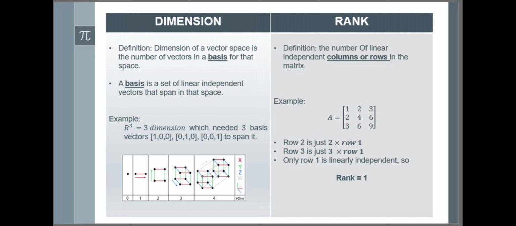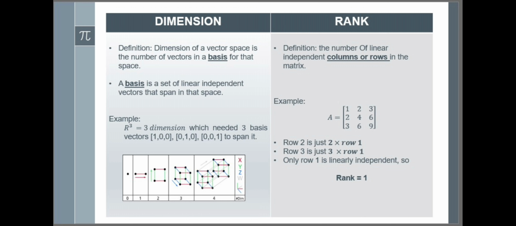In our example below, in the math matrix example, A is equal to [1, 2, 3; 2, 4, 6; 3, 6, 9]. If you observe row 1 and look at row 2, row 2 is just the same as 2 times row 1. 2 times 1 is 2, 2 times 2 is 4, and 2 times 3 is 6. So only row 1 is unique, or what we call independent.